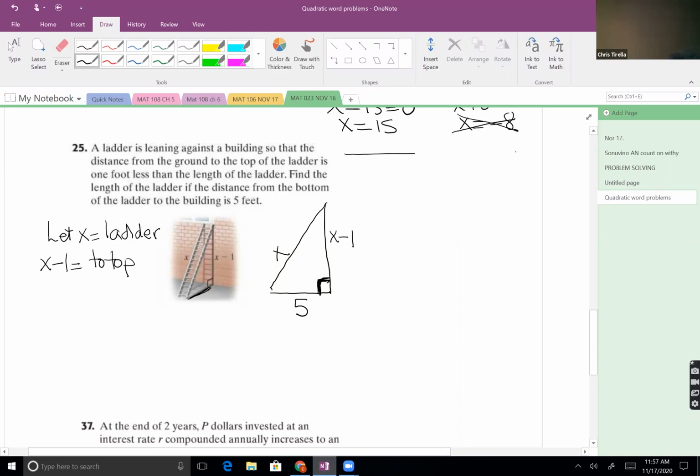Now, in order to solve this problem, what you have to realize is we have a right triangle. And in a right triangle, has anybody heard the word hypotenuse? The hypotenuse is the longest side.